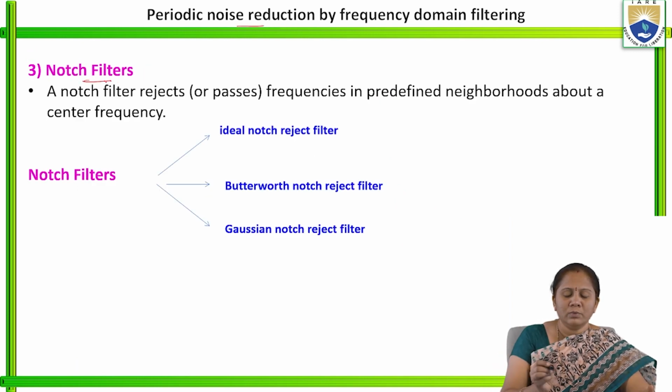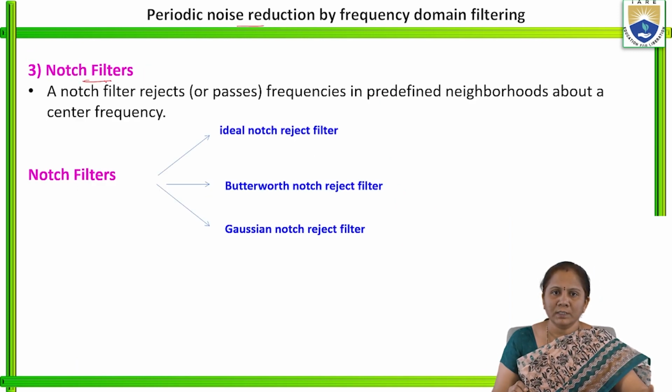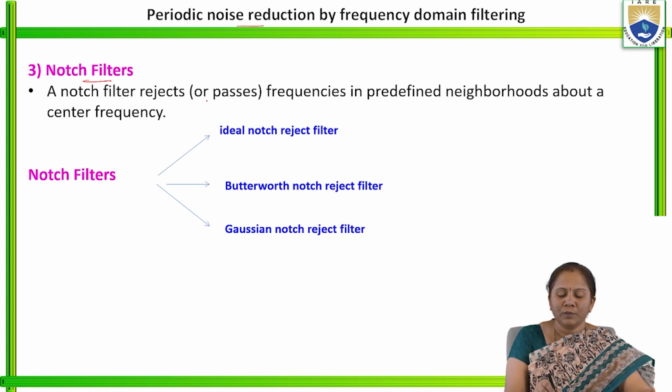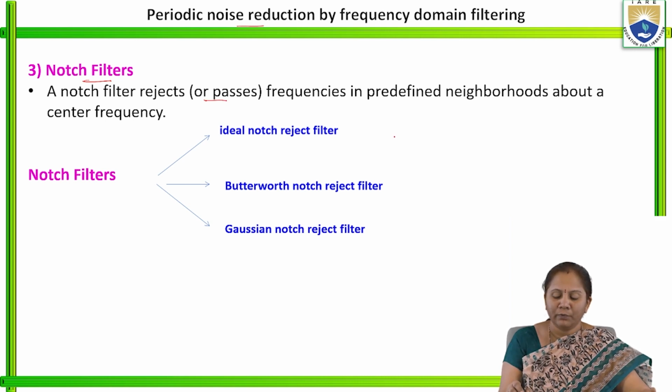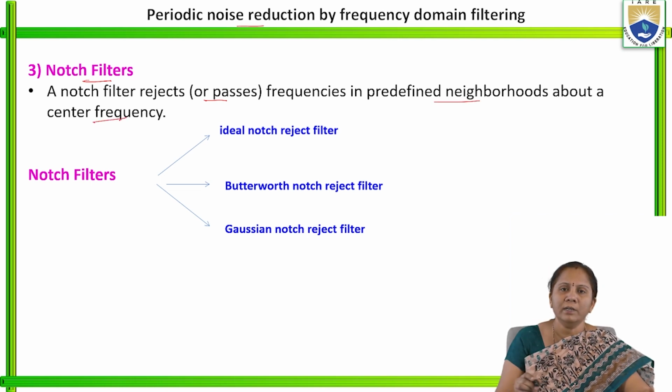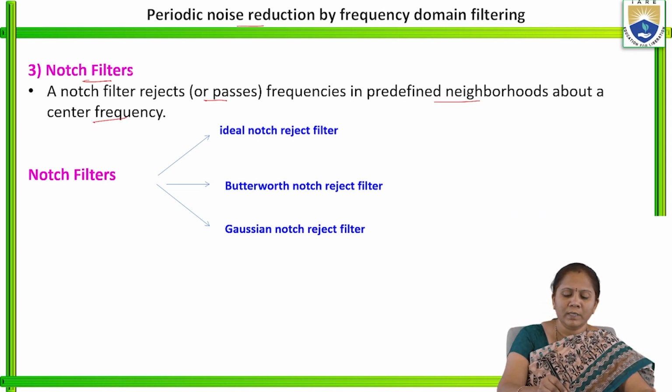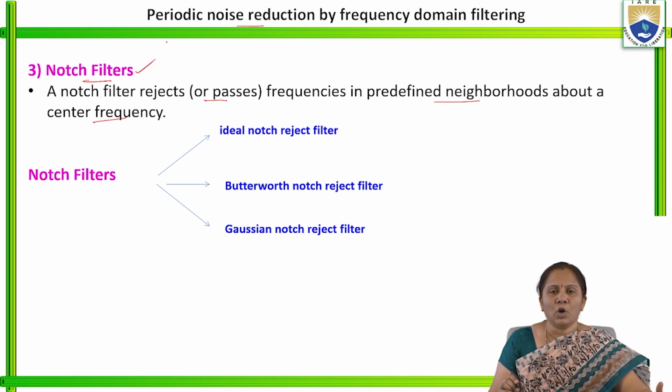So coming to these notch filters. A notch filter will reject the frequencies in a predefined neighborhood about the center frequency. So here, the notch filter first considers what is the center frequency.